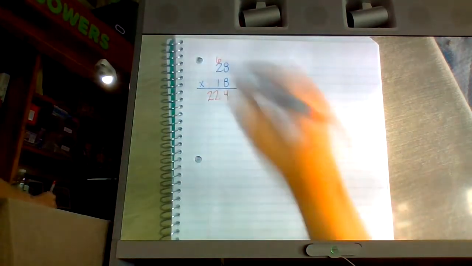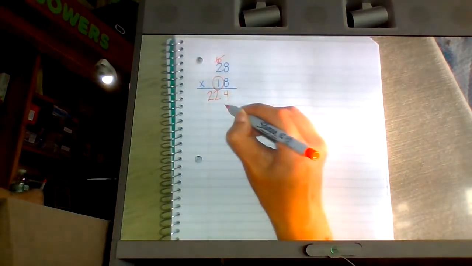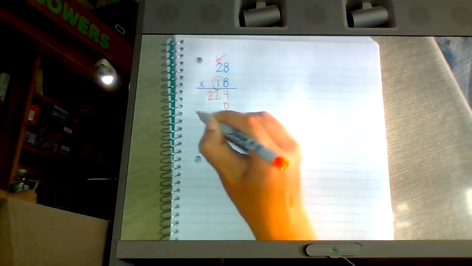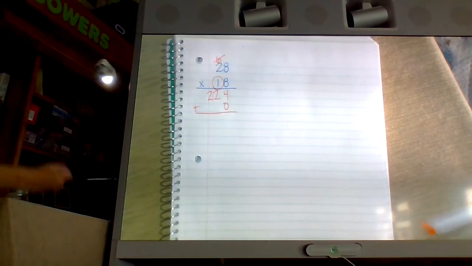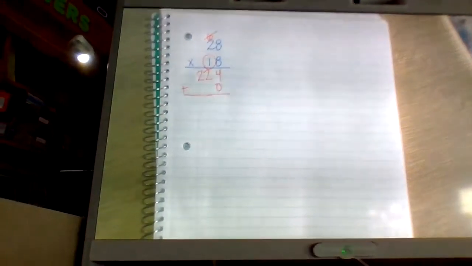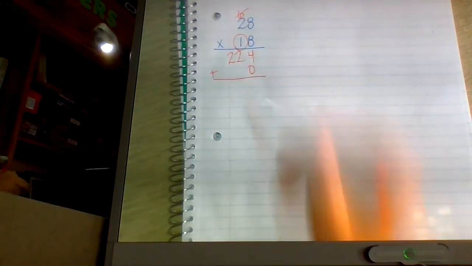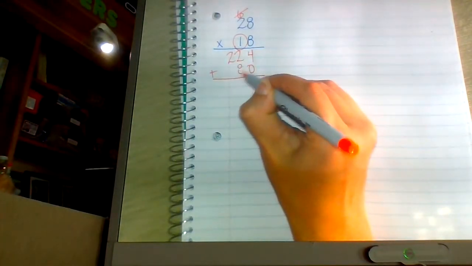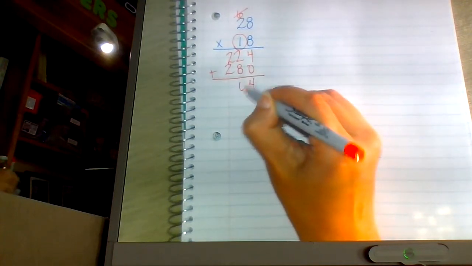And then, of course, we need to multiply with the tens place. So because we are now multiplying with the tens place, we need to be recording our answers in the tens place. So let me bring this a little bit closer so we can see better. Okay. So one group of 8 is 8, one group of 2 is 2, and we'll find the sum.